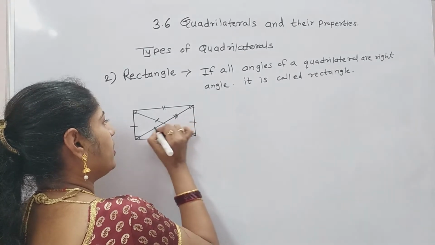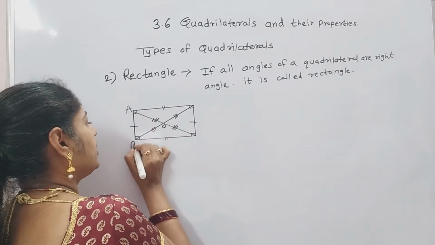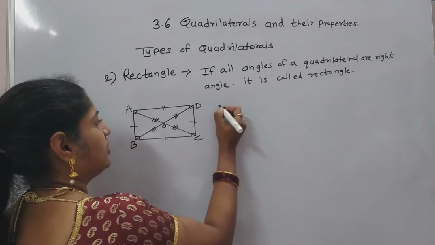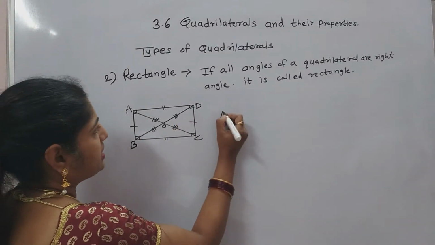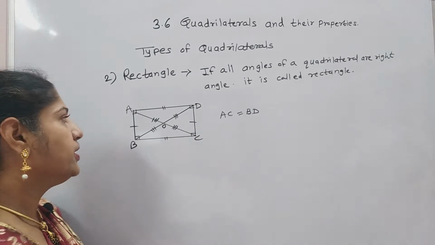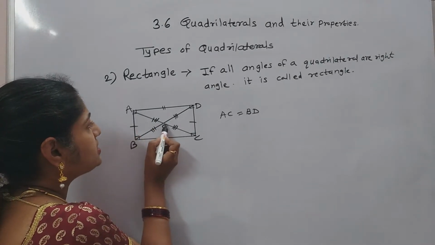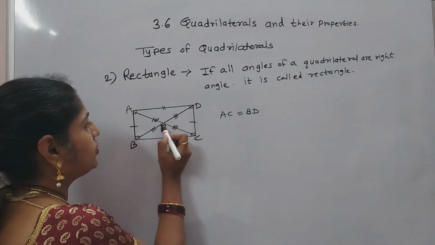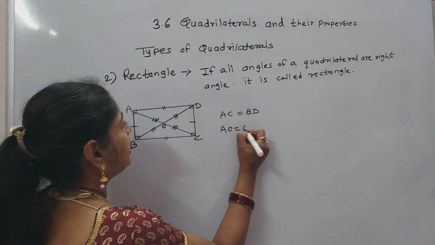For rectangle ABCD, the diagonals are AC and BD. AC equals BD, these diagonals are congruent and bisect each other, so AO, OC, BO and OD are all equal in length.